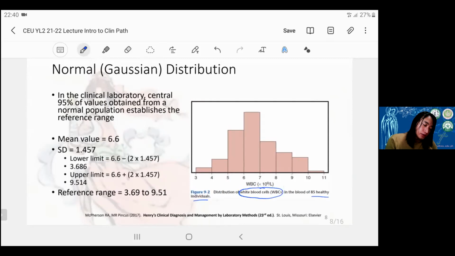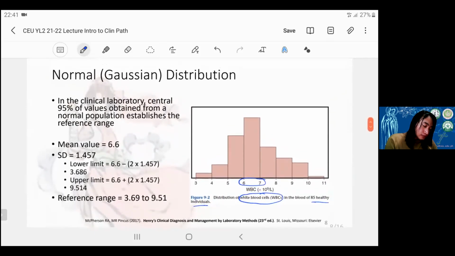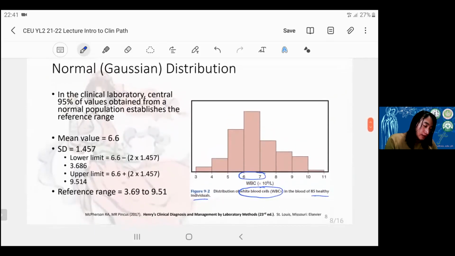And they found out that in these 85 individuals, most of them were within the range of 6 to 7,000 white blood cell counts per milliliter or per liter. And the mean value was found to be 6.6.